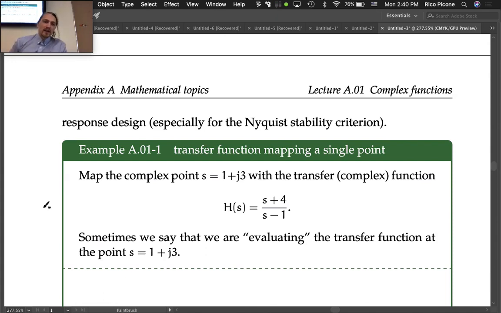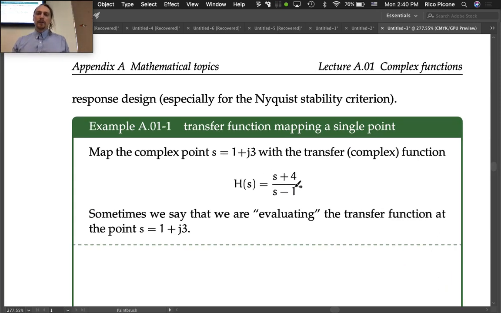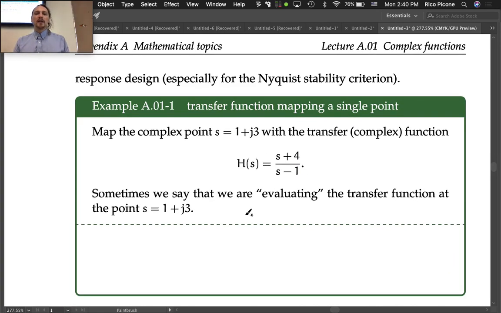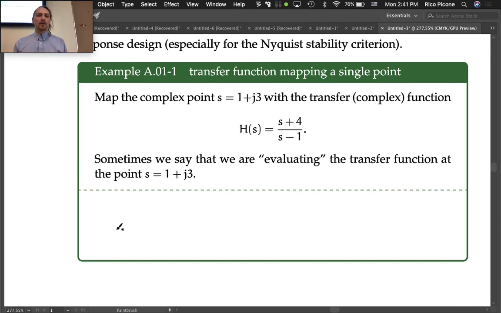So, a quick example of mapping a complex point. Map the complex point s equals 1 plus j3 with the transfer function given below, H. Sometimes we say that we are evaluating the transfer function at the point s equals 1 plus j3. It's a simple application of the concept of a function. H of 1 plus j3: wherever you see an s in the transfer function, you replace it with 1 plus j3.